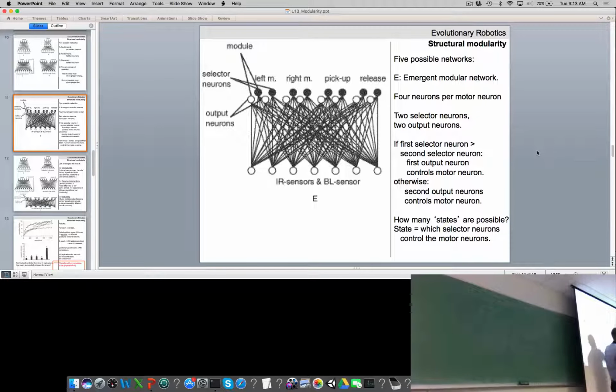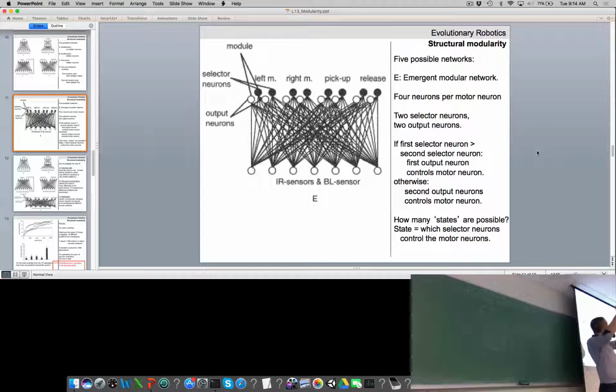The black selector neurons in the back there are going to determine which of these 2 values goes to the left motor. We've got 2 of these selector neurons back here. They also receive synapses from all of the sensors. So there are also 2 different values at every time step at each of these 2 selector neurons.